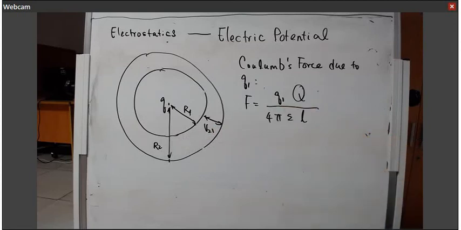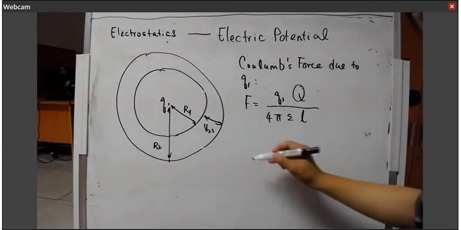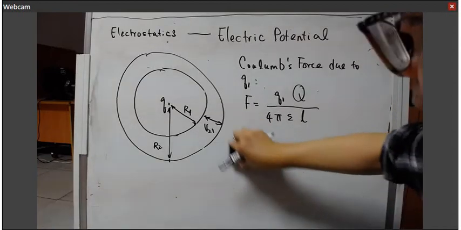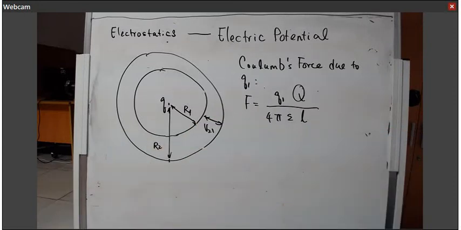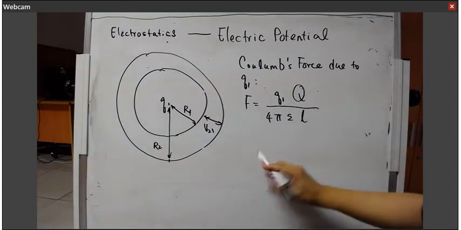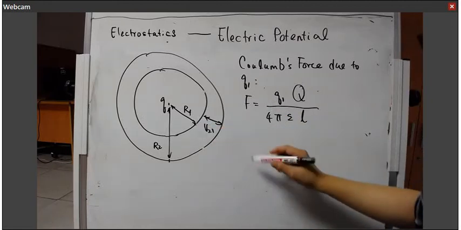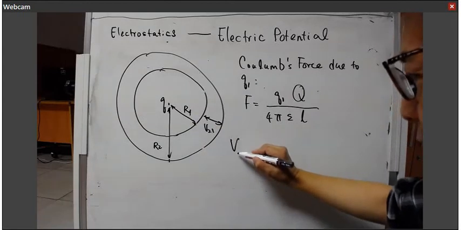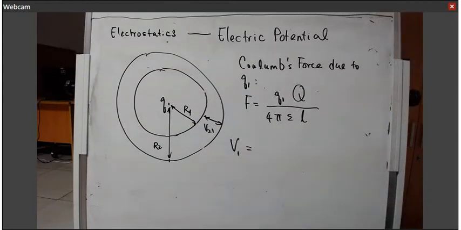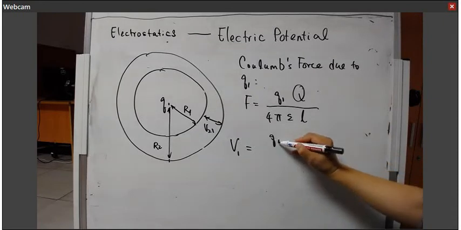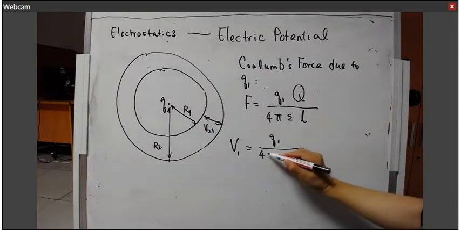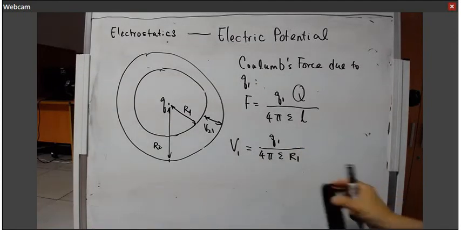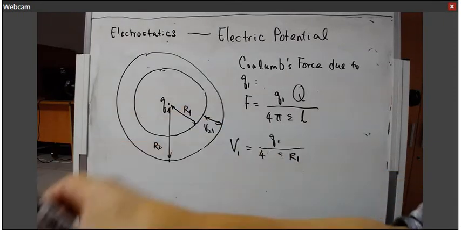And according to what we have done just now, the reference potential at R1 is V1, for instance, which is equal to Q1 over 4 pi epsilon R1. This is very important.